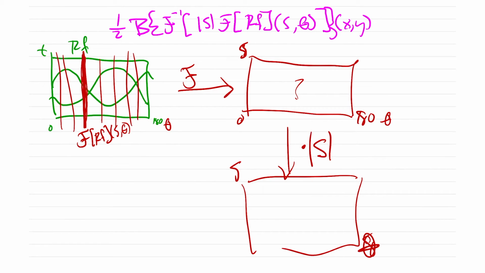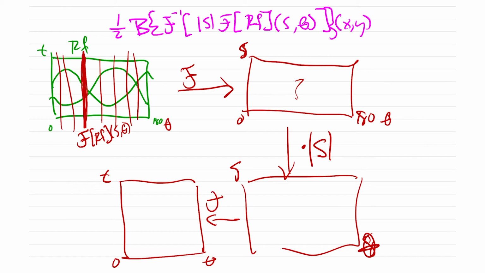And then you take the inverse Fourier transform, and that's going to give you another thing, this time with respect to t, where the inverse Fourier transform was again with respect to s or t.